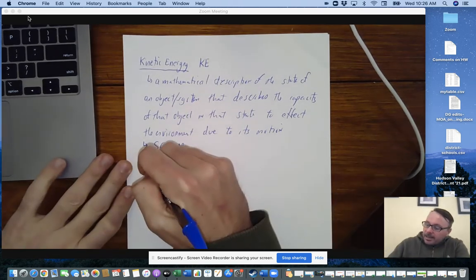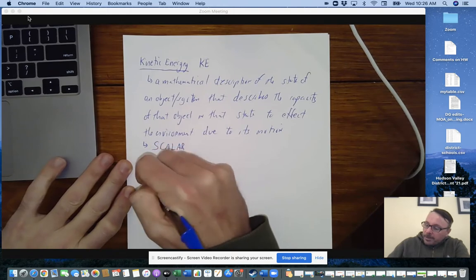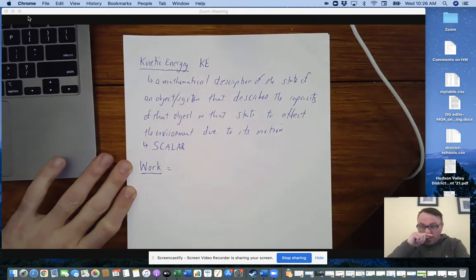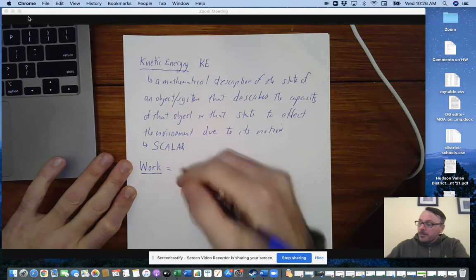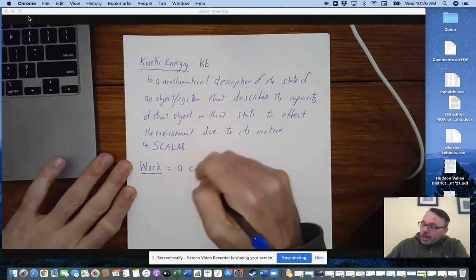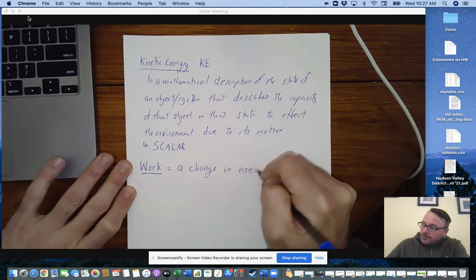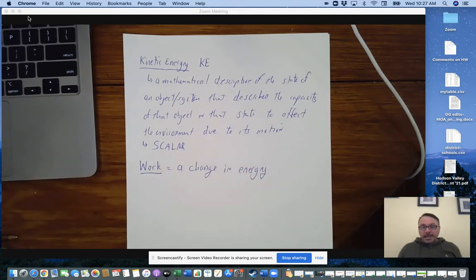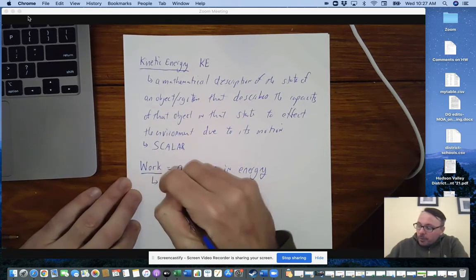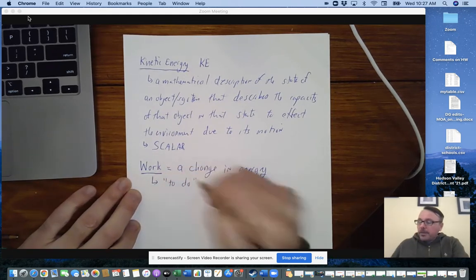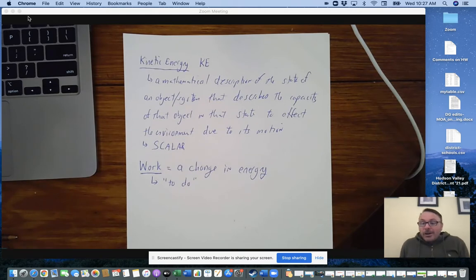The second thing is the notion of work. And so we came up with, as a definition for work, and I'm going to expand upon this today, a change in energy. Right? So that's all it is. When work is done, and we're going to use that verb to do with work, the energy of a system or object changes, right?